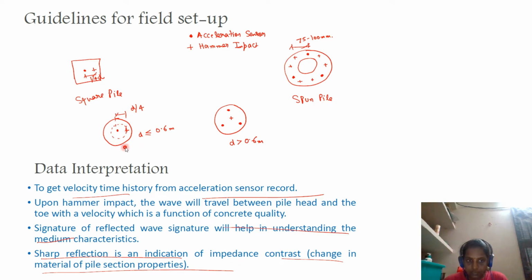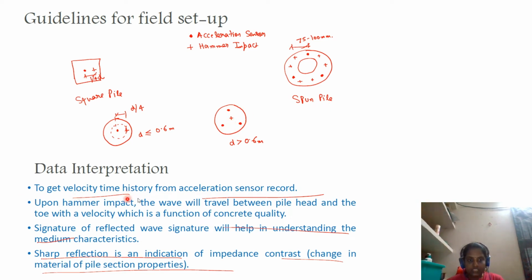This arrangement is for a pile diameter lesser than 0.6 meter. If your pile diameter is lesser than 0.6 meter, then you can go for this guideline, where the distance between your acceleration sensor and hammer impact should be D by 4. Whereas when your diameter is greater than 0.6 meter, then this is how you have to arrange the sensors and the hammer impact location.